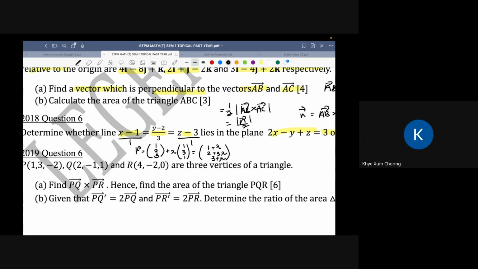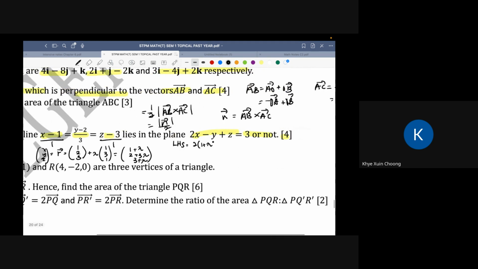So this one is your r, which is x, y, z: this one is x, this one is y, this one is z. You sub this x, y, z into the plane equation. The left hand side equals 2 times (1 plus lambda), minus (2 plus 3 lambda), plus (3 plus lambda). If this equals 3, then the line lies on the plane.